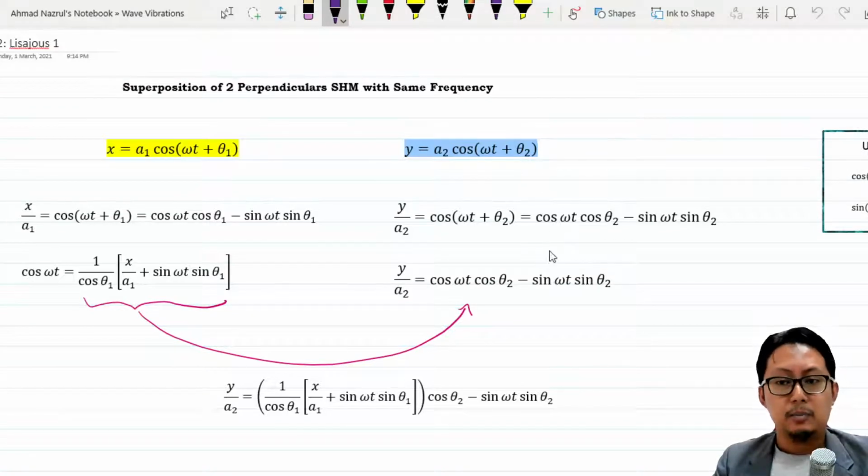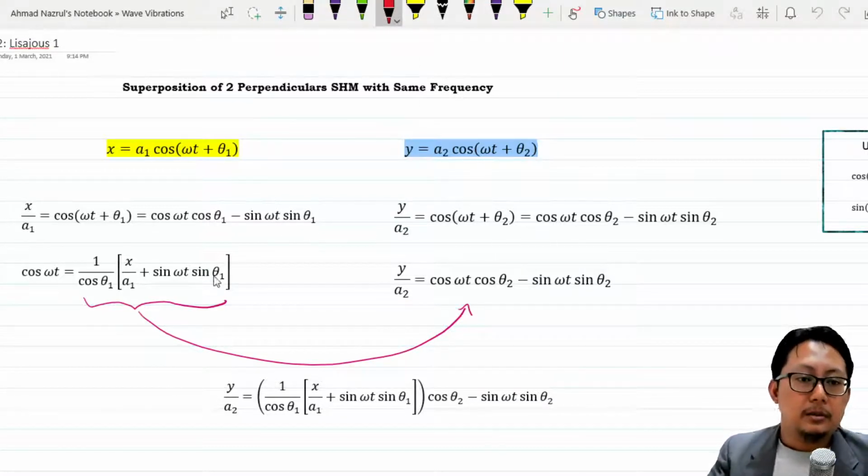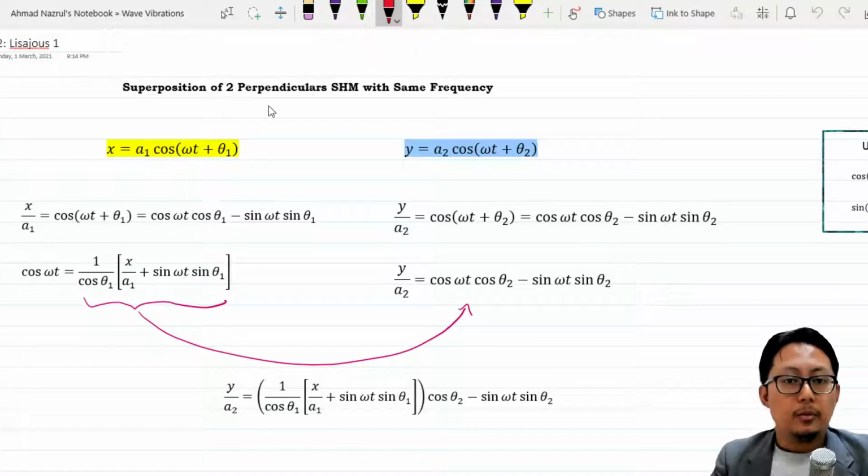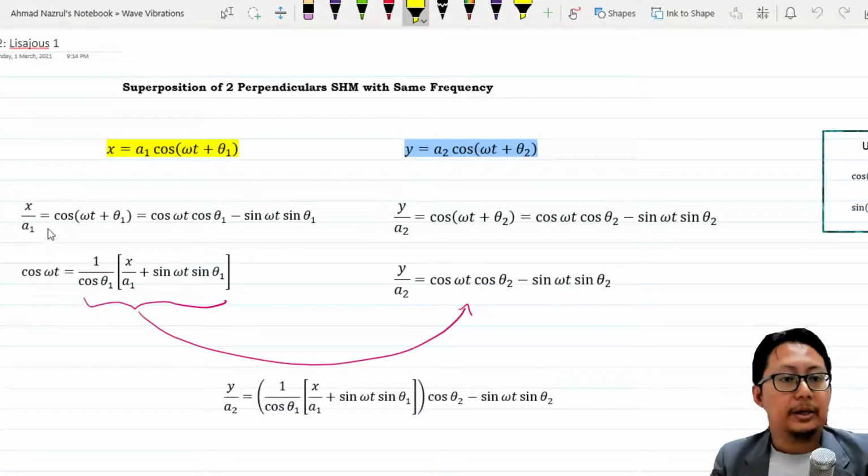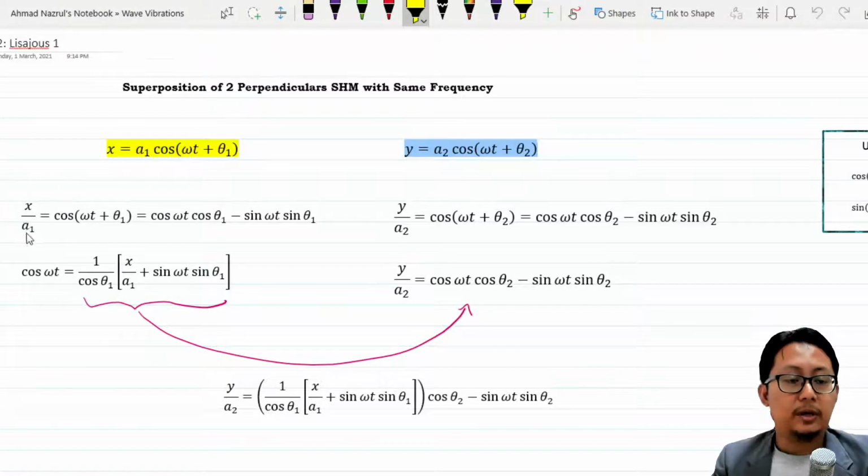The calculation is a little bit complicated, but let me show you. First, we deal with x. So we bring A1 over, so we have x over A1 equals cos(omega t plus theta 1). Now we use the trigonometry identity.